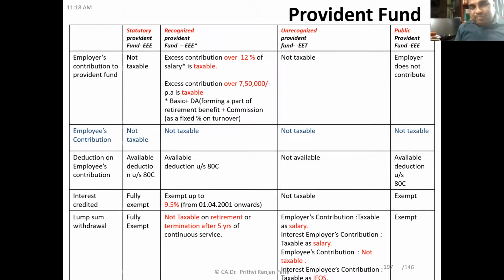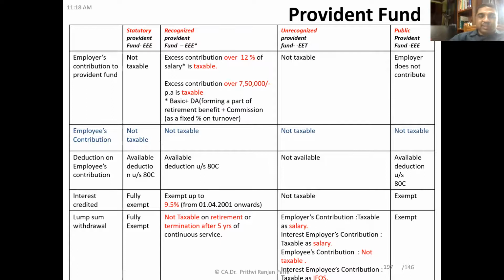Unrecognized provident fund is exempt, exempt, and tax; tax means when it is finally received, the lump sum money received at the end will be taxable. Public provident fund is again EEE, exempt, exempt, exempt. Understood? This is how we categorize provident funds: statutory, recognized, unrecognized, and public provident fund.